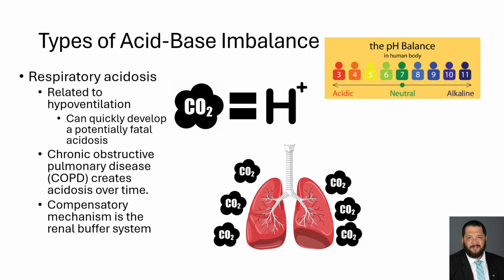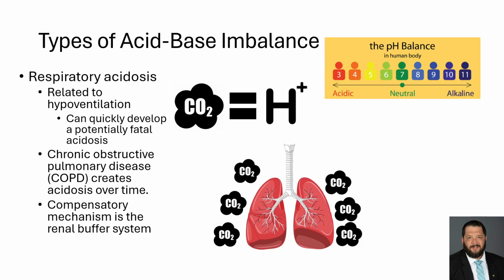We can equate CO2 to being like hydrogen ions. So when we retain CO2 through hypoventilation, low ventilation, our pH drops and we become more acidic. This is the state of respiratory acidosis.